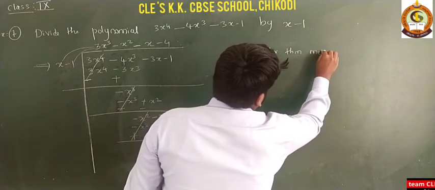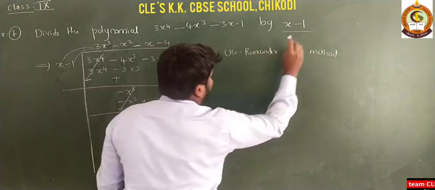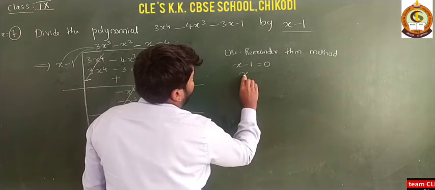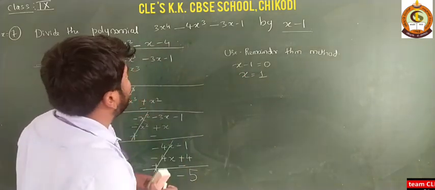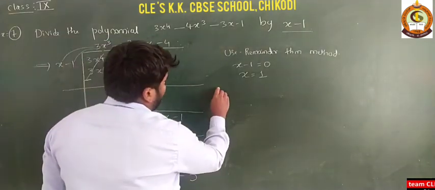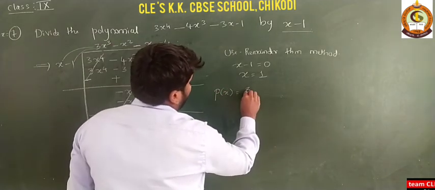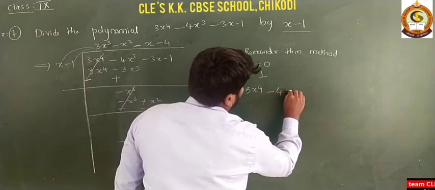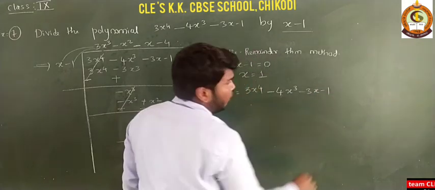So in the remainder theorem method, see here we have to equate this x minus 1 is equal to 0, and x is equal to 1. So this x equals 1 you have to put in the expression of the polynomial p of x. P of x is 3x raised to 4 minus 4x cube minus 3x minus 1.